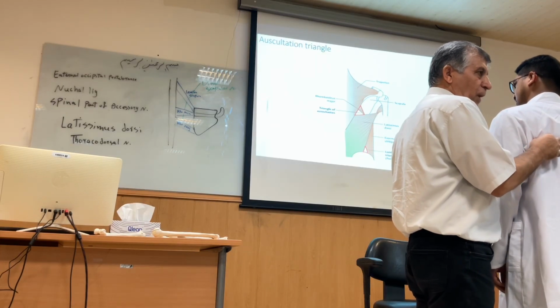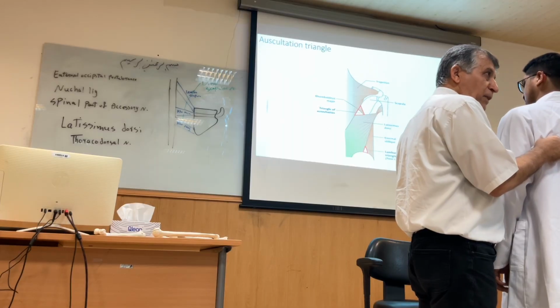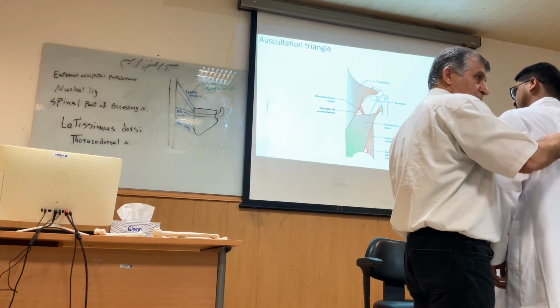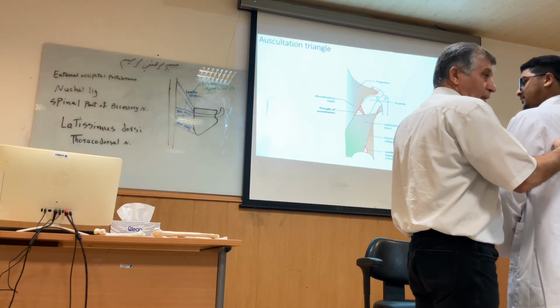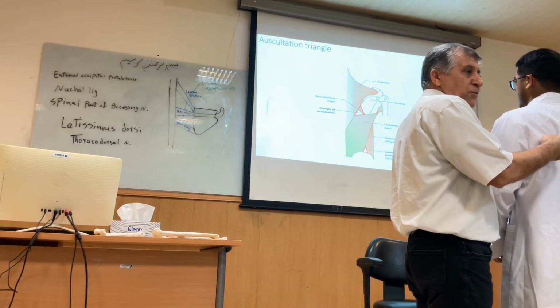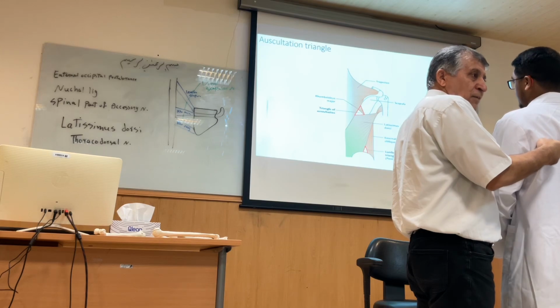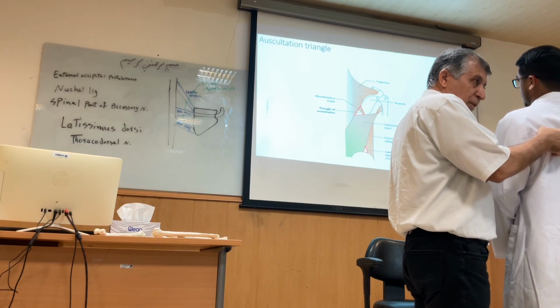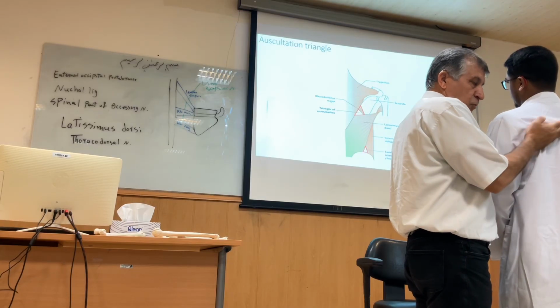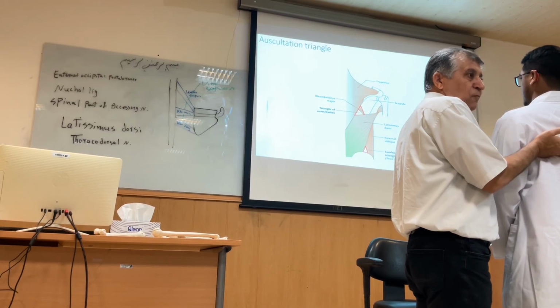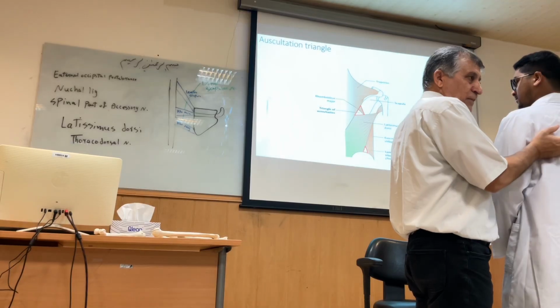Medial to it here is a triangle. This triangle is called the auscultation triangle. It is bounded laterally by the scapula, superiorly by trapezius, inferiorly by latissimus dorsi.